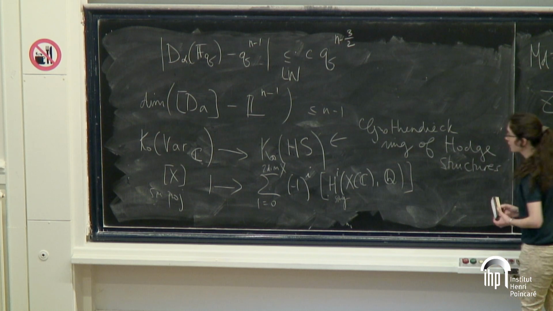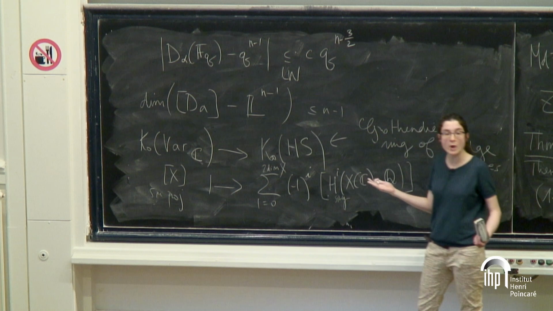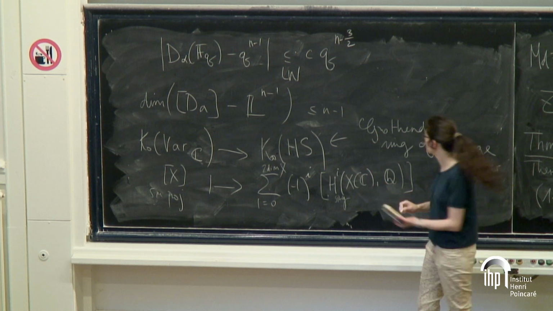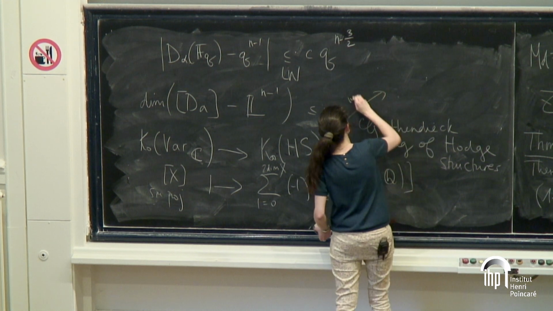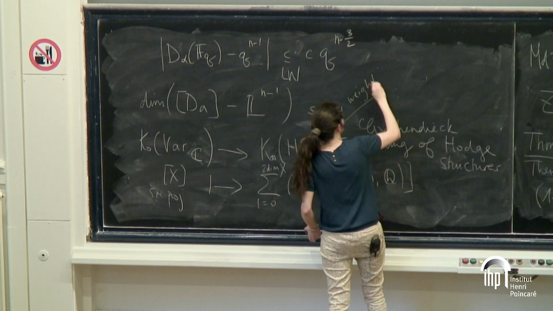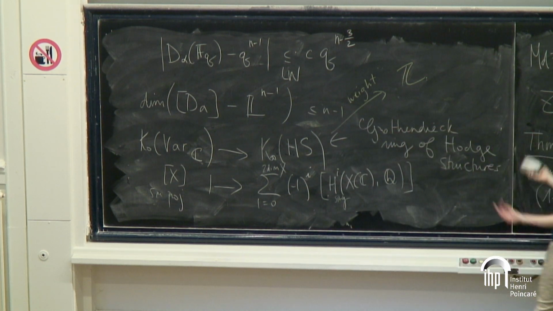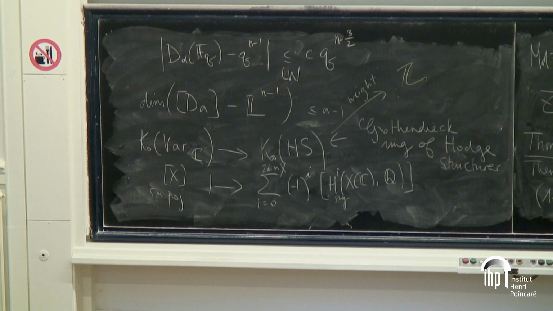And on this ring here, I can filter it by weight in the same way as I can filter the Grothendieck ring by dimension. So there is a weight function going to Z, which I can pull back and get a notion of weight on the Grothendieck ring of varieties.